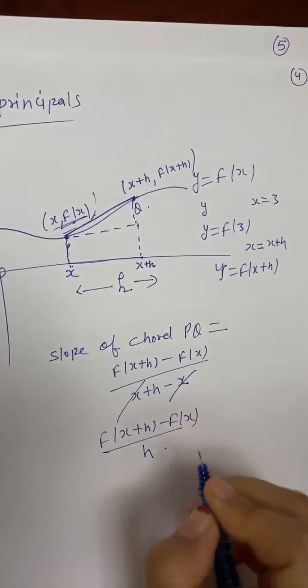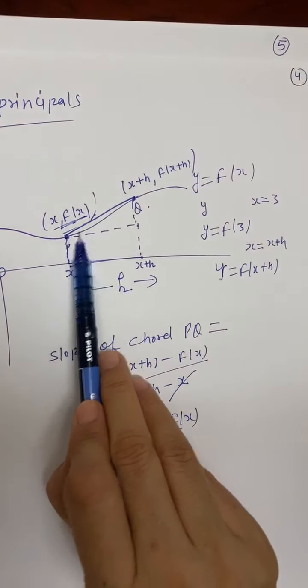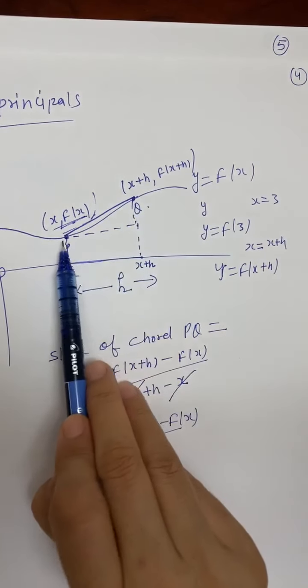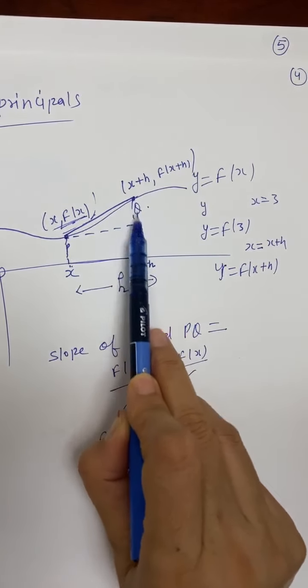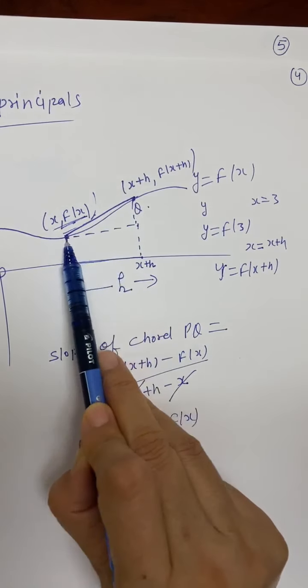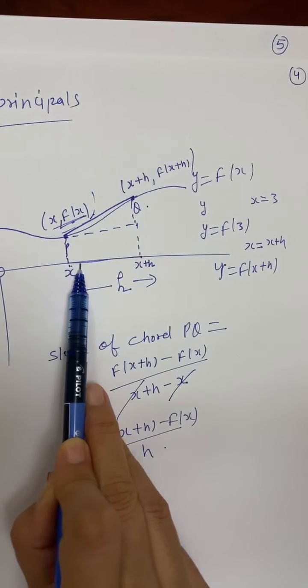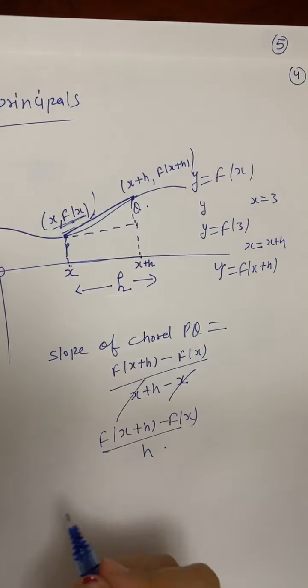Now if you remember how we were finding the gradient of a curve at any point, we were fixing the end point, in this case Q, and then we were moving P towards Q. When we move P towards Q, it means your h is approaching 0.